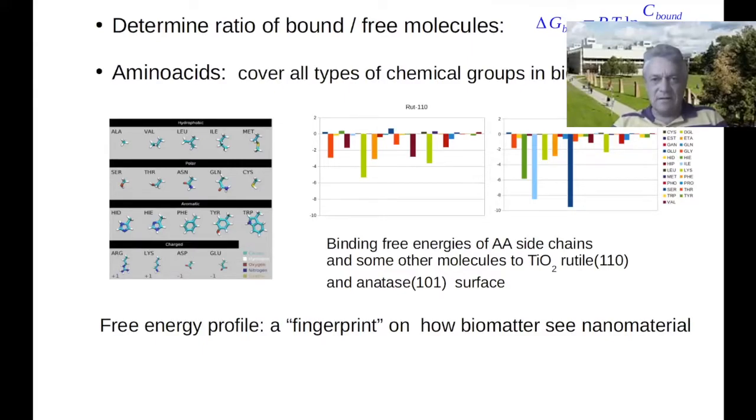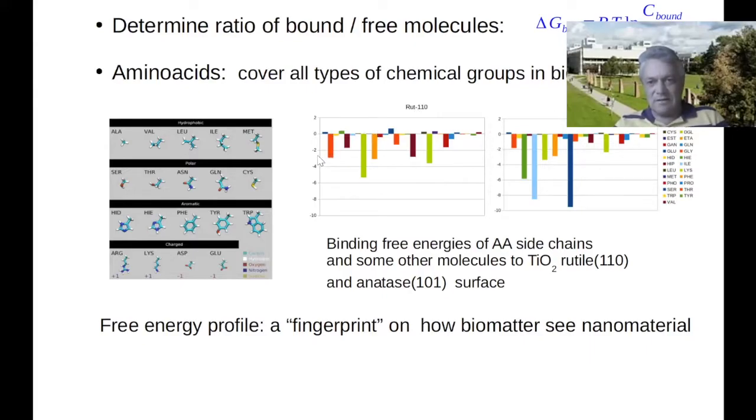So that's why we made quite a lot of effort to compute the binding free energy of small biomolecules. First we considered amino acids, and then we also added lipid components, and we computed the binding free energy of such small molecules to a range of nanoparticles or nanosurfaces. These two plots show the binding free energy of certain biomolecules, most of them amino acids, to titanium oxide, rutile and anatase surfaces.